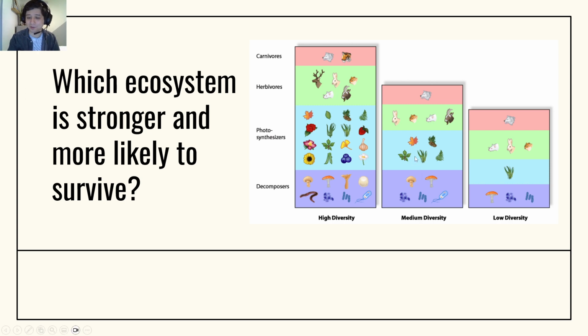Same thing here with this medium diversity situation, right? Now, if this grass goes away, there's still food for this higher level of herbivores, right? But what happens if the apex predator, the carnivore, disappears?